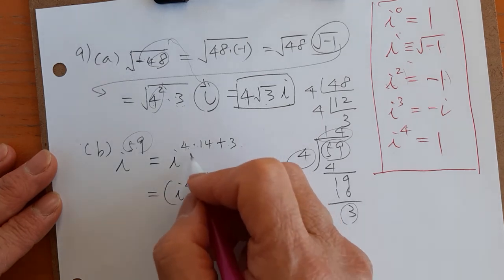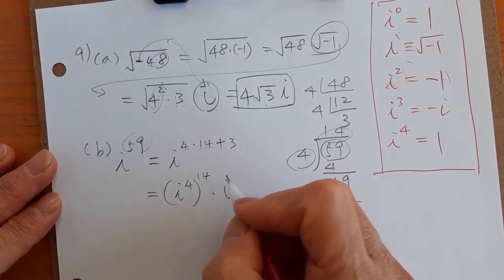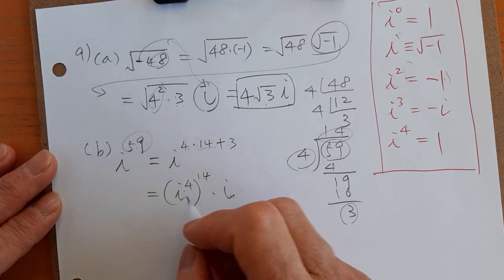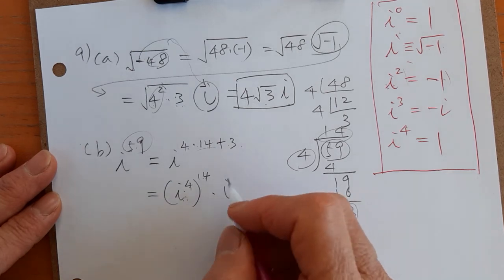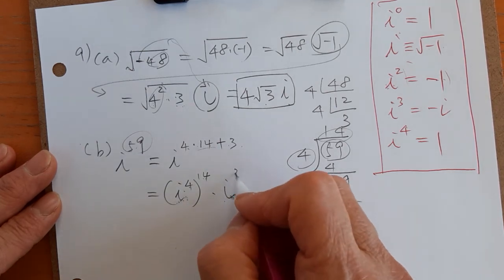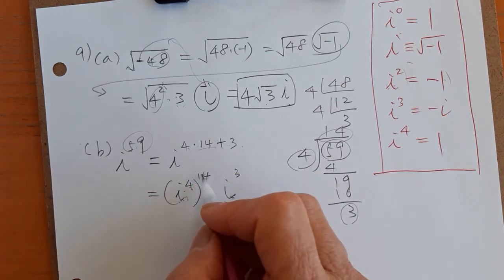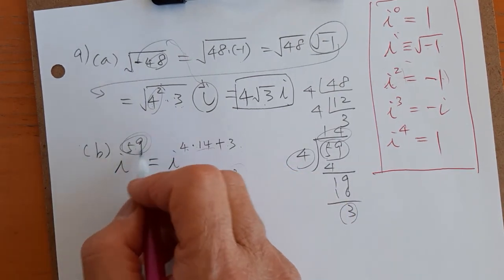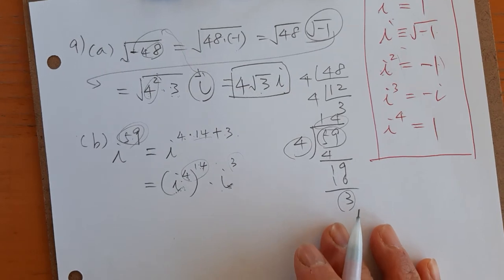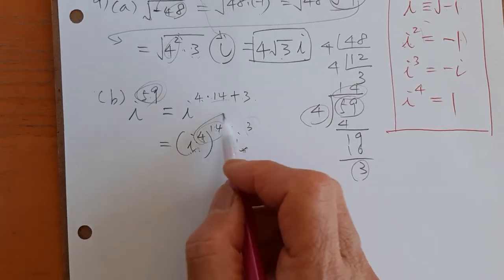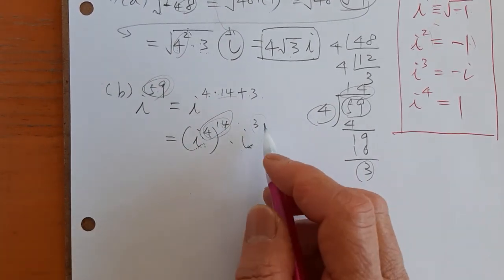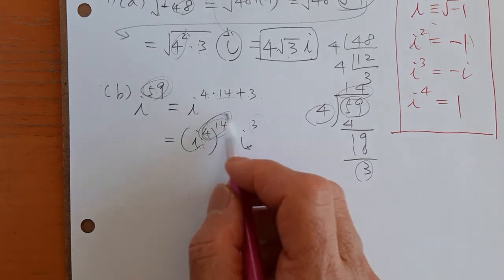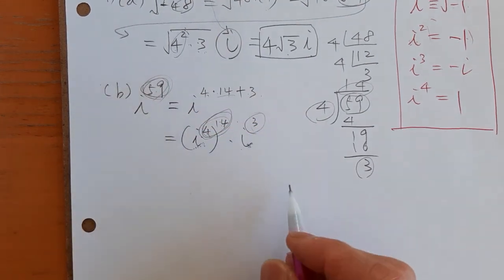4 times 14, and use the product rule of exponents, the same base as i. So it's 4 times 14 add 3 equal 59. So separate, write like this. This is the power rule and the product rule of exponents. You add the exponents, you got 59.